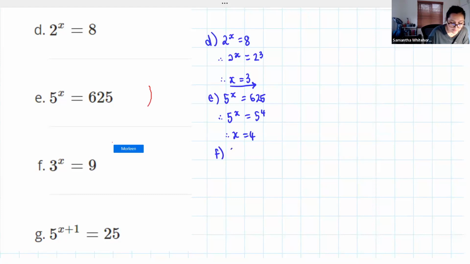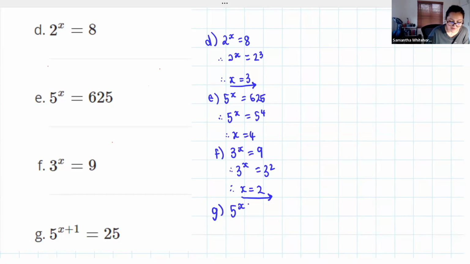Question F, we've got 3 to the power x is equal to 9, which can be written as 3 squared. And so x is equal to 2. So those first three shouldn't have been too problematic. Maybe struggled a little bit with question G, but let's see.